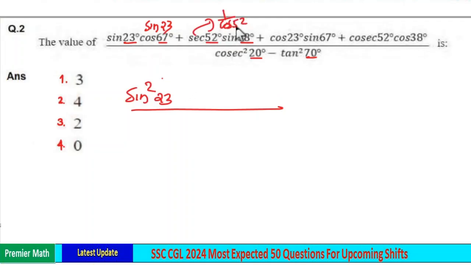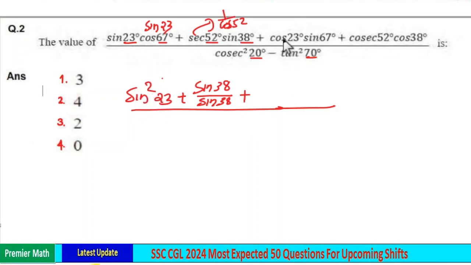Now cos 52 is equal to sin 38 because 52 plus 38 is 90 degrees. So this will become sin 38 divided by sec 52, which is 1 by cos 52. Same way here cos 23 is equal to sin 67 and sin 67 is equal to cos 23.